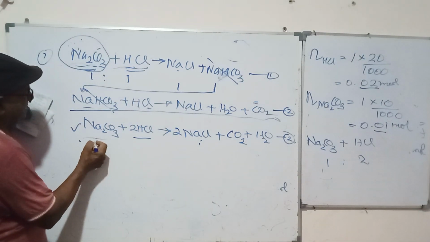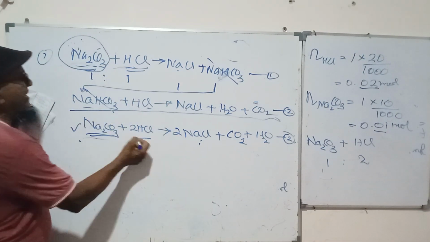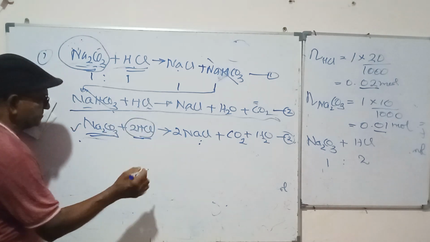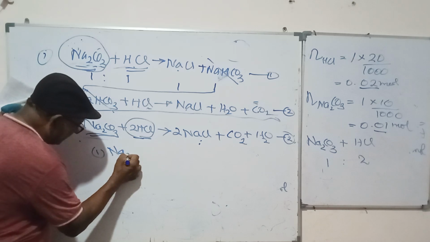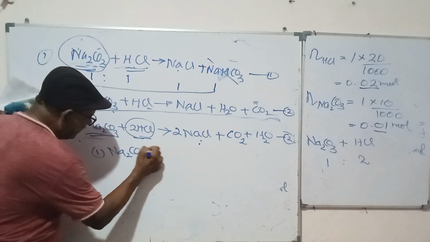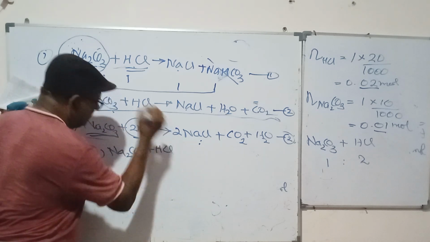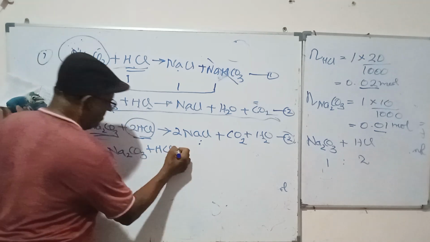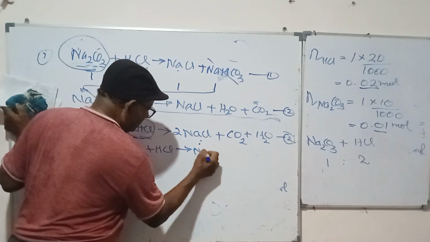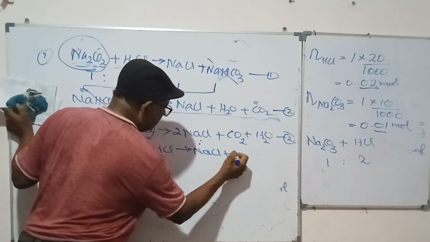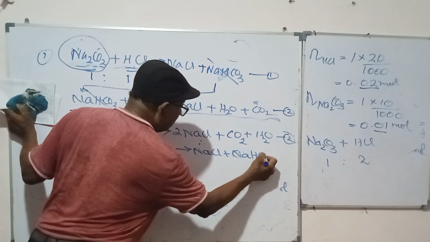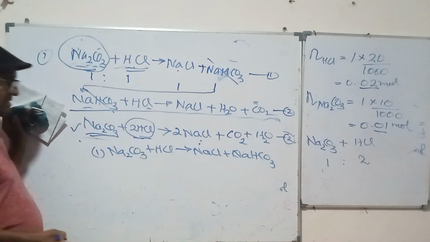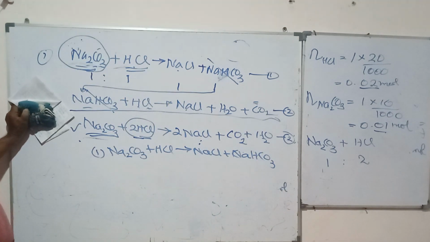So sodium carbonate reacts with HCl in two steps. First step, what will happen? Sodium carbonate reacts with HCl in a 1:1 ratio, giving sodium chloride and sodium bicarbonate. Half of the reaction gets completed.